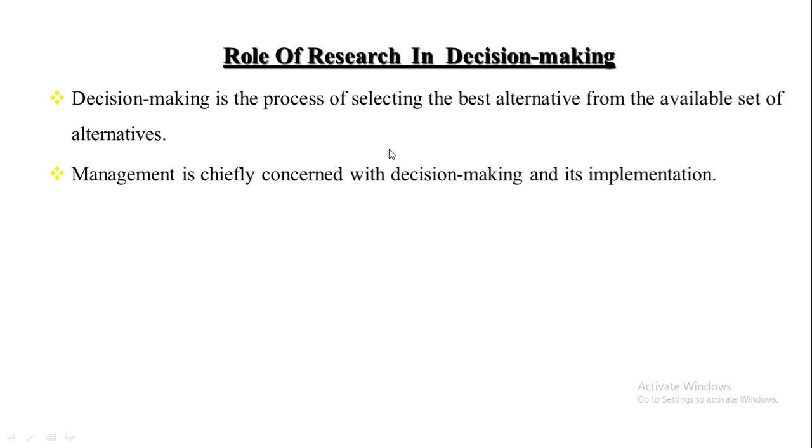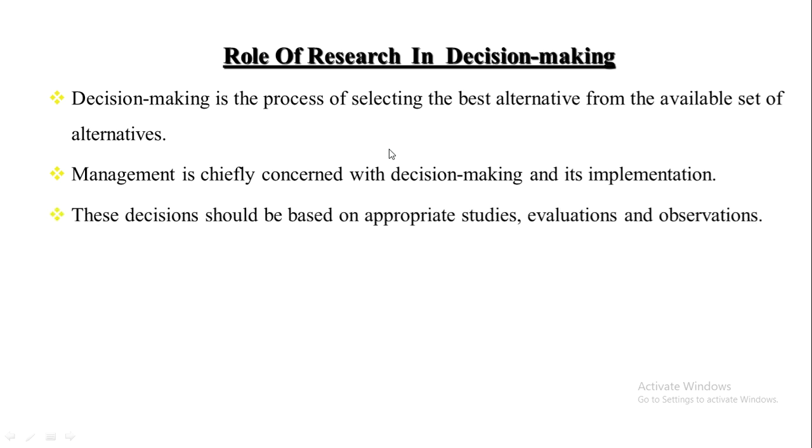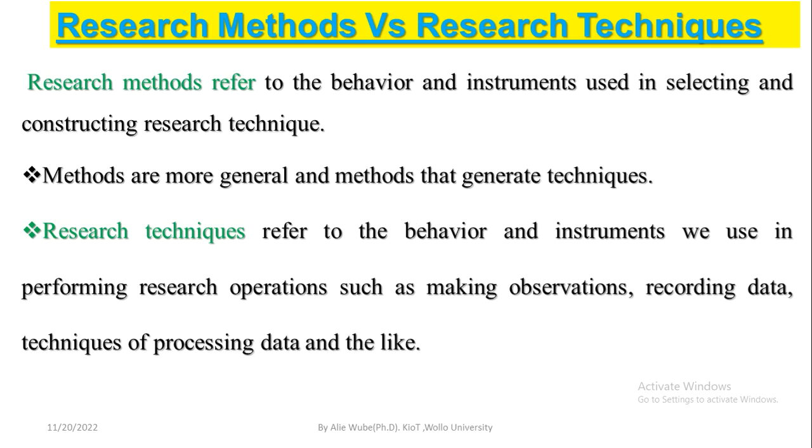Management is chiefly concerned with the decision-making process of selecting an alternative and ranking the alternatives. After ranking and selecting that alternative, we can decide through research. For policymakers, managers, and researchers, research has a great impact on the decision-making process.